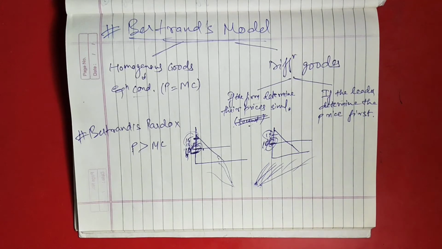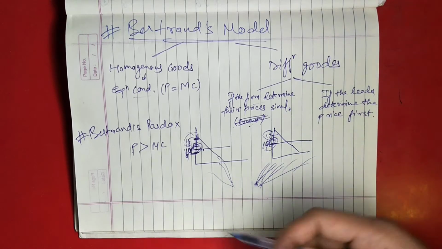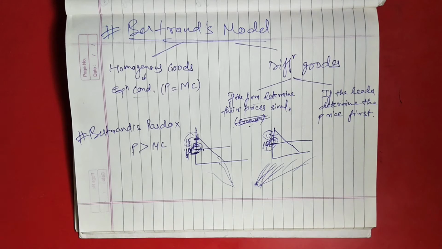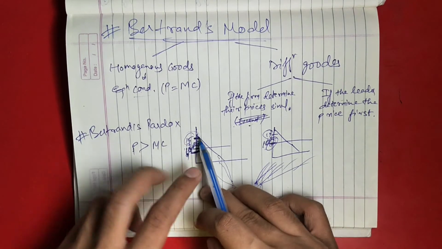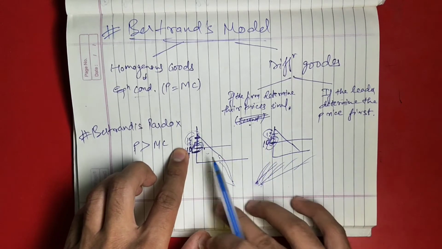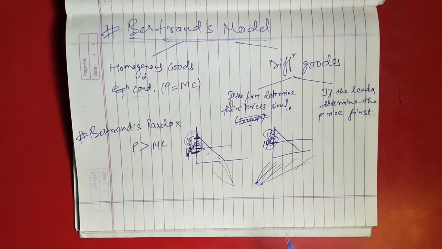Okay, so in that situation where I told you that there will be no incentive for any firm to deviate from their pricing strategy, because as I showed you, he deviated from his pricing strategy from 10 to 15, then he came to 14, he captured the market, then he again came to 13, then he came to 12. So there is no incentive for any firm to deviate from their pricing strategy, as I already told you.